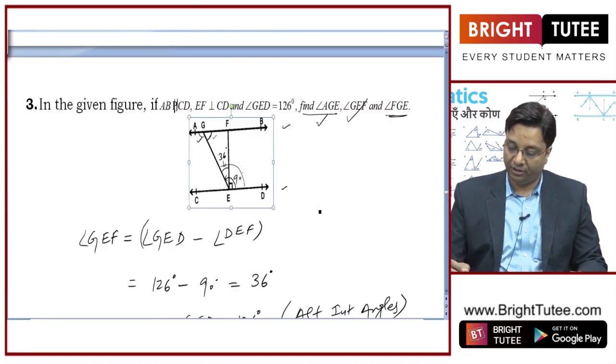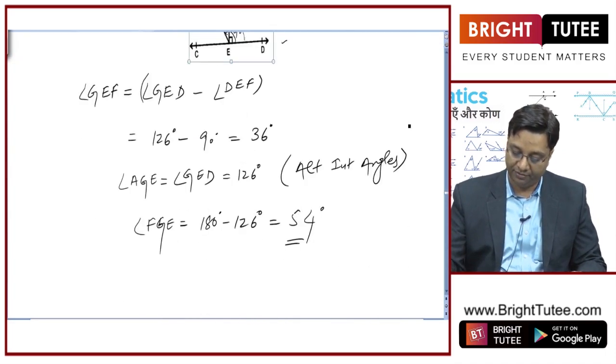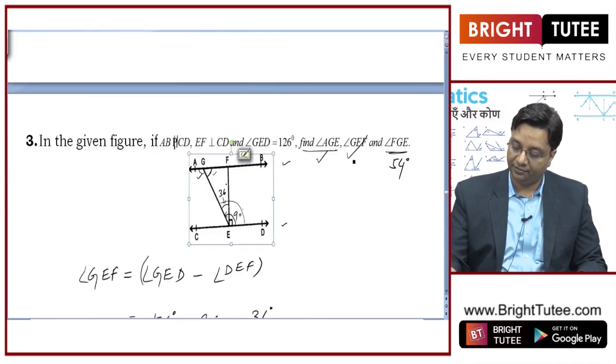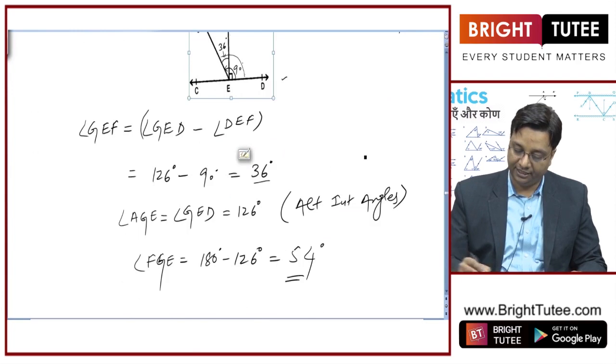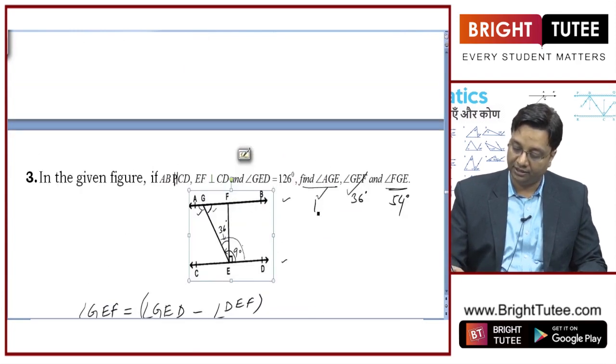Okay, so we have obtained all the required angles. This is 54. GEF was 36 and AGE was 126 degrees.